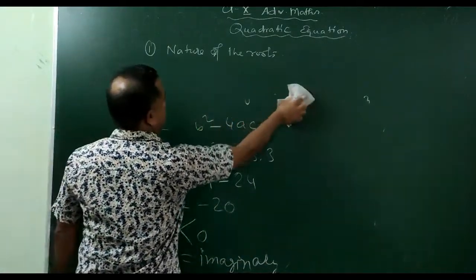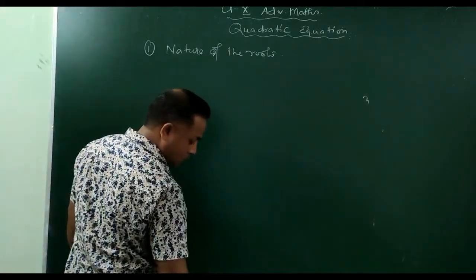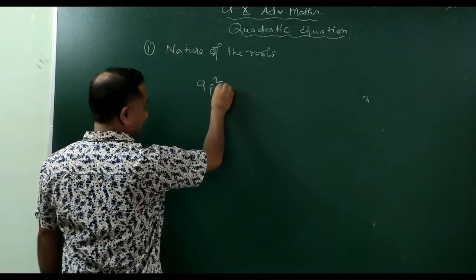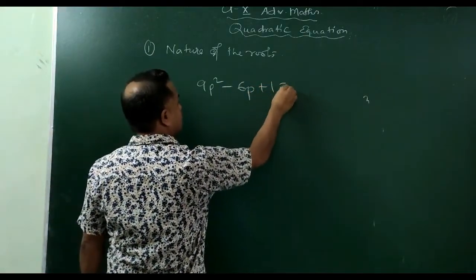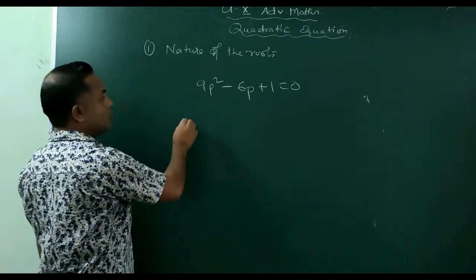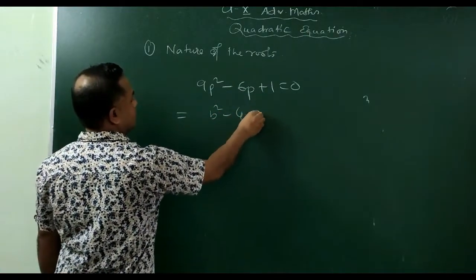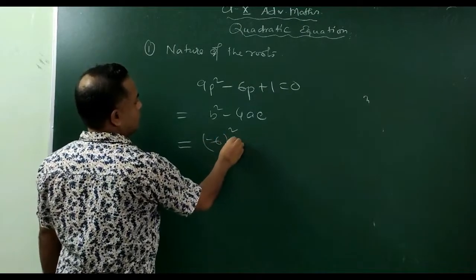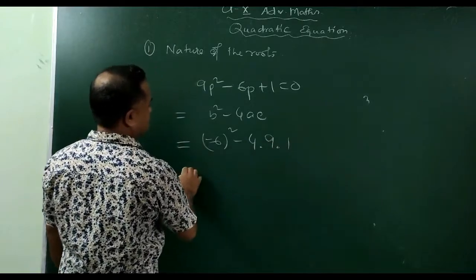Now let me give another example: 9p square minus 6p plus 1 equal to 0. Here b square minus 4ac gives minus 6 square minus 4, a is 9, c is 1.